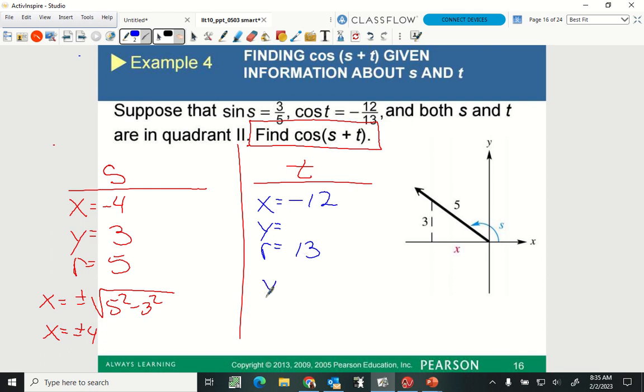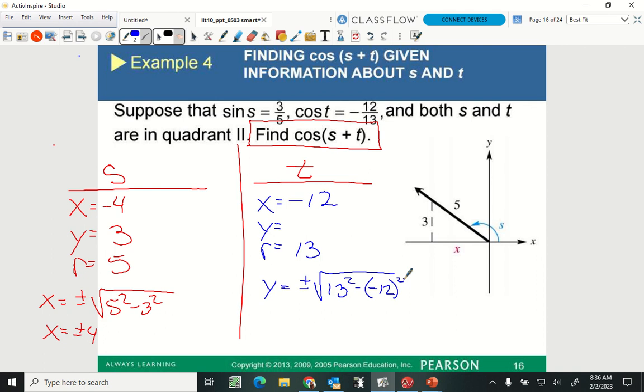So it should be y equals plus or minus the square root of 13 squared minus parentheses negative 12 squared. If you're trying to do the shortcut thing that I'm doing and you have a negative, make sure the negative goes in parentheses because otherwise you're going to get an error.